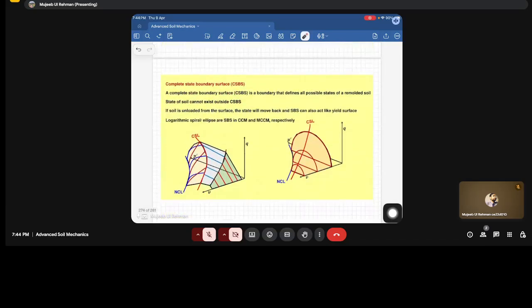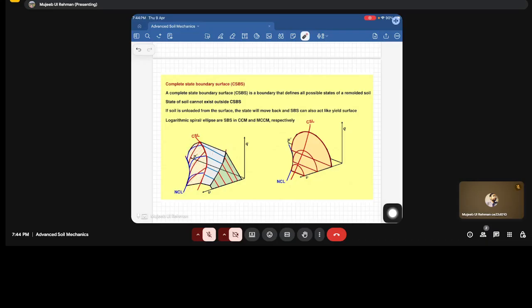That is called a complete state boundary surface. It defines all possible states of a remolded soil, and soil cannot exist beyond this. In 3D q-v-p' space, there is one bound, another bound, and another bound.